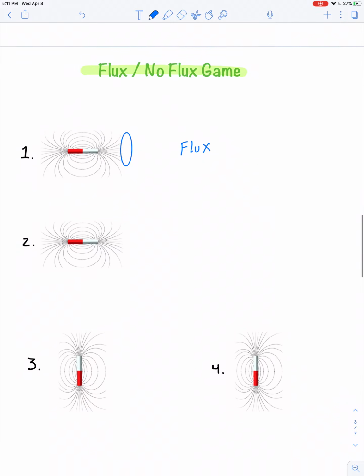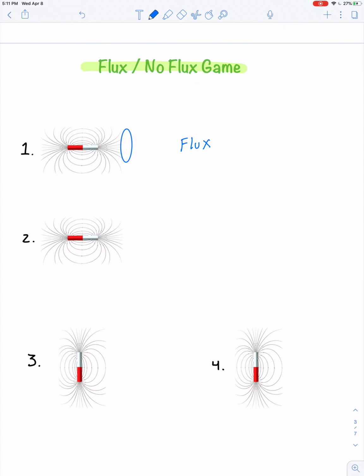Let's move to round two. Keep the same magnet in the same orientation and draw a different loop of wire. In other words, we've taken the first loop of wire and we've rotated it about an axis. Flux or no flux? Right again. This time, there's no flux.